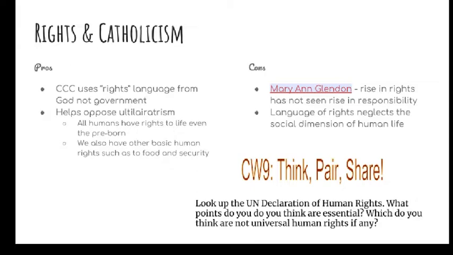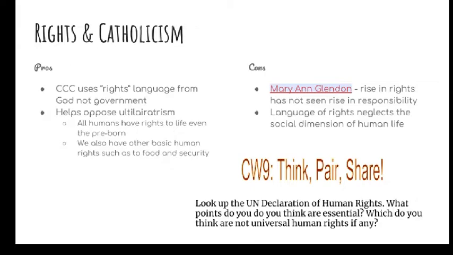One of the things she's pointed out in her writing, she's a Harvard professor and a great scholar, is that the rise of rights language has not seen a rise in the idea of responsibility. So we keep talking about all these rights we have, but we're not talking about our responsibility.